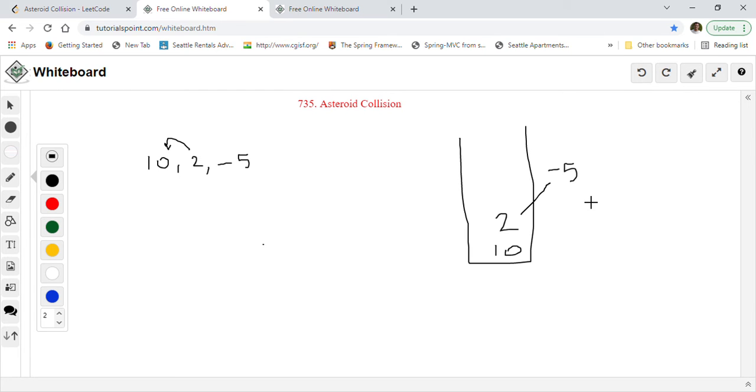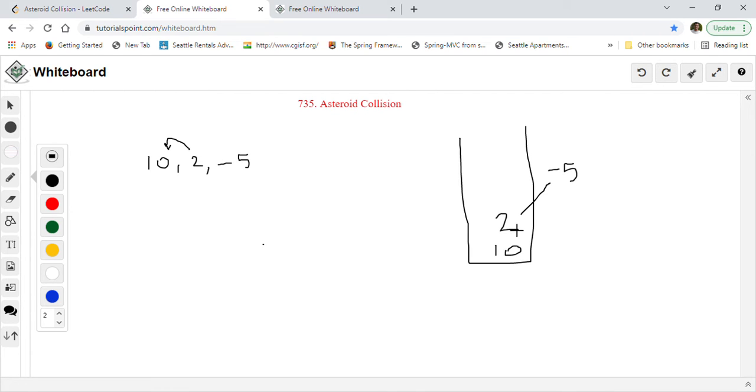So we can simulate here that the collision will occur, right, between 2 and 5.